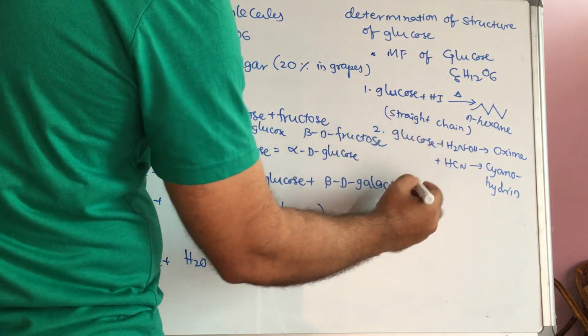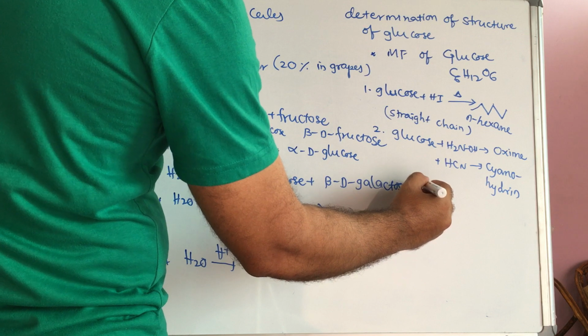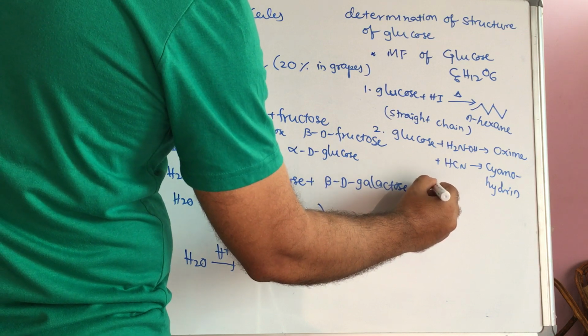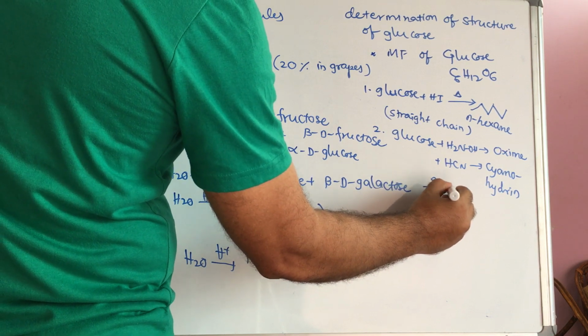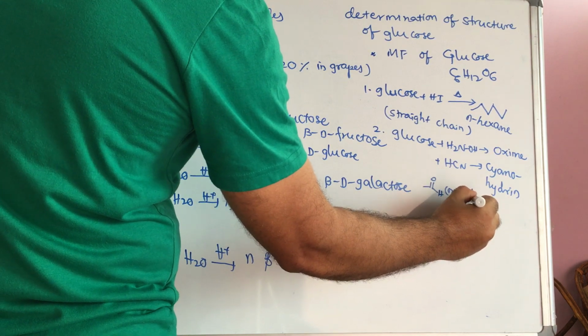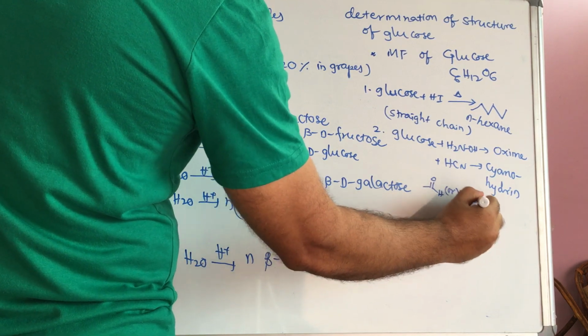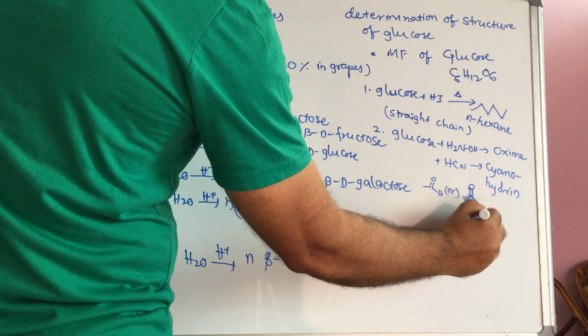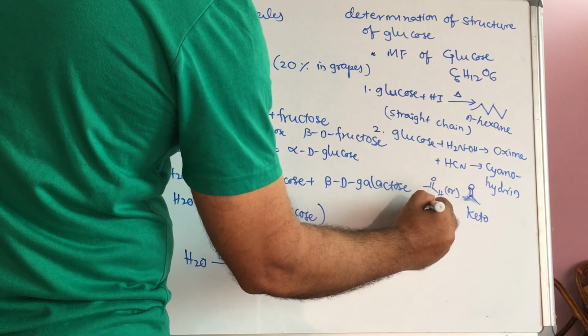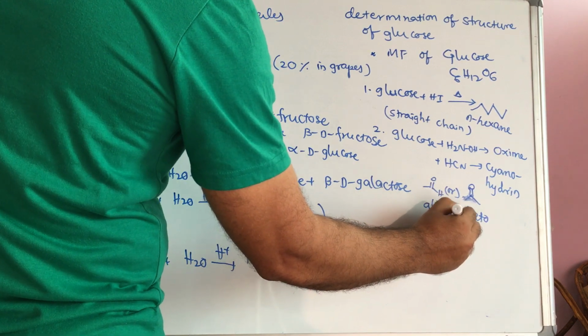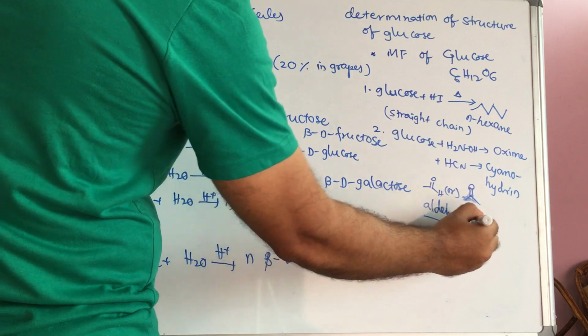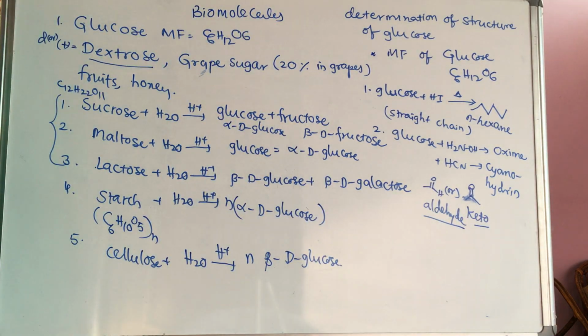So based on these reactions, we conclude that glucose has either an aldehyde group or a keto group, but which exactly, we don't know.